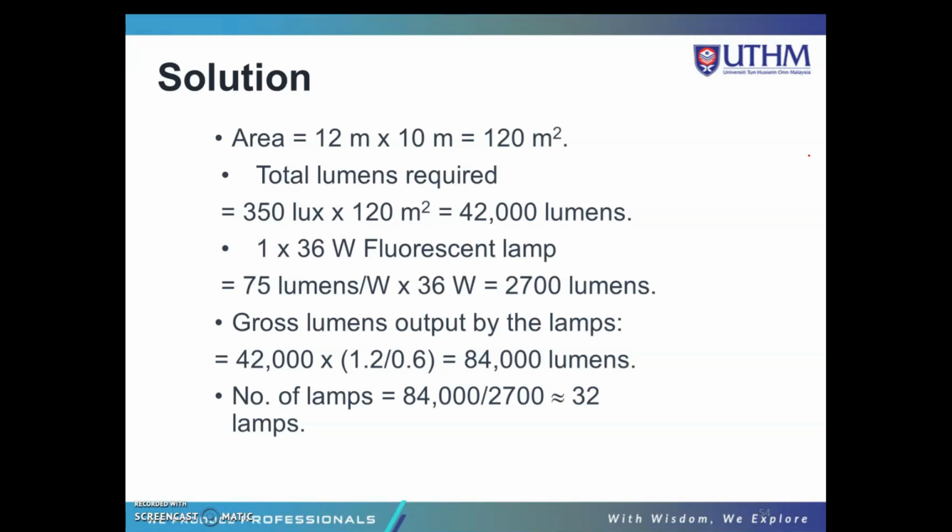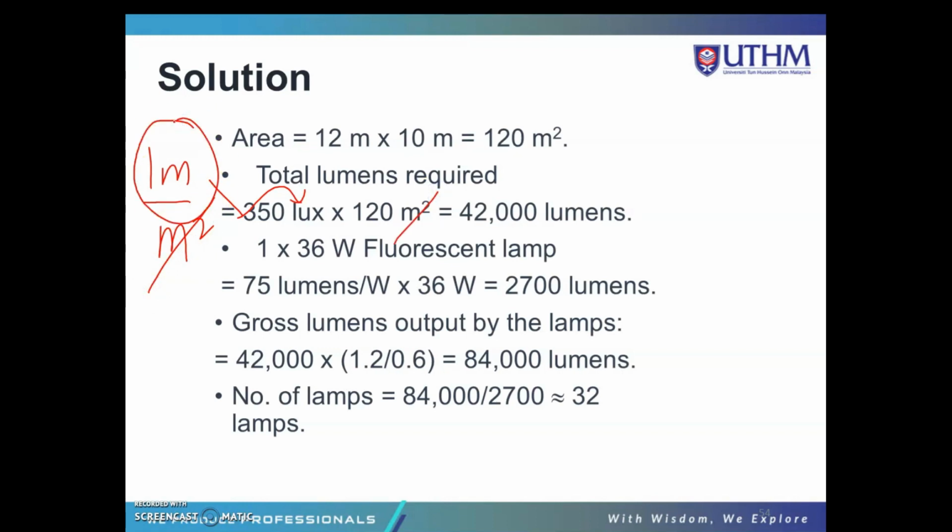And then we have the total lumens required. We know that the lux unit is lumen per meter squared. Then you can just cancel out, so you get the lumens.